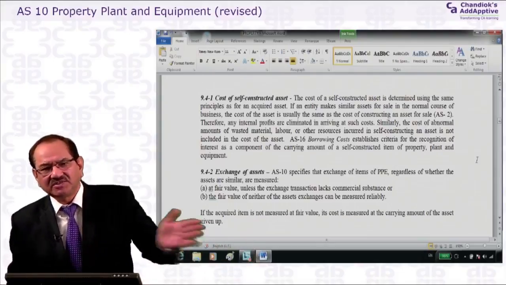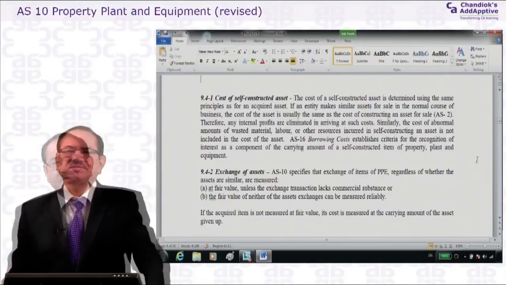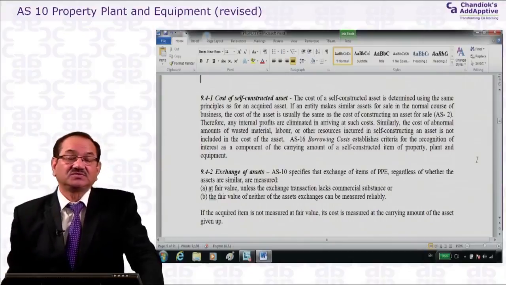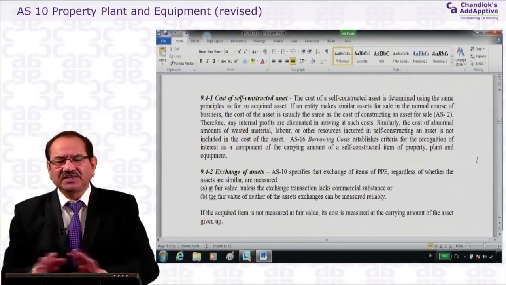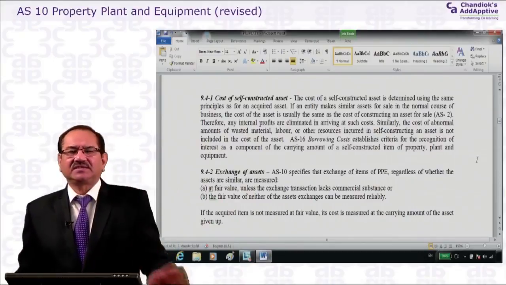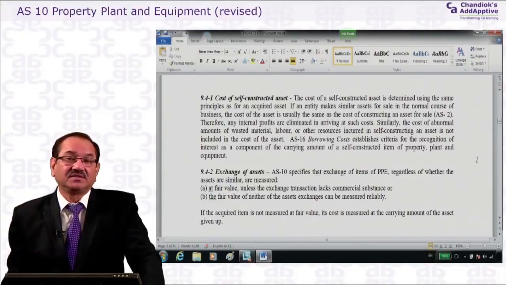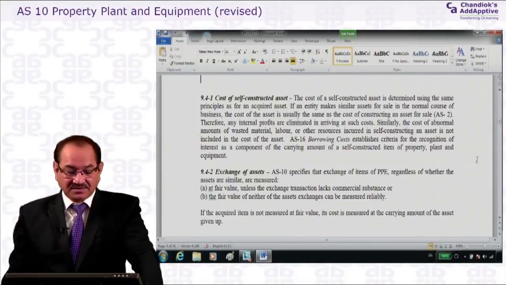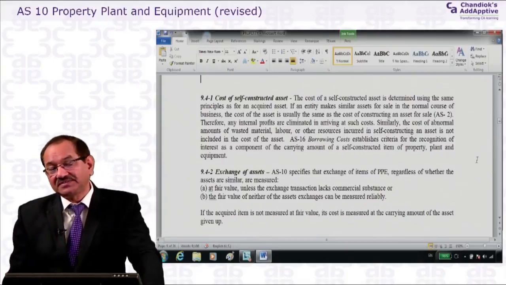Instead, you exchanged it with your building. You gave a building and took plant and machinery. It will be measured at fair value, which is 2 crores. You will not go into whether the asset is similar or dissimilar, or what the written down value of the building is, nothing else. Fair value of the asset acquired, and if it is 2 crores, you will measure it at 2 crores. But the condition is that unless the exchange transaction lacks commercial substance.